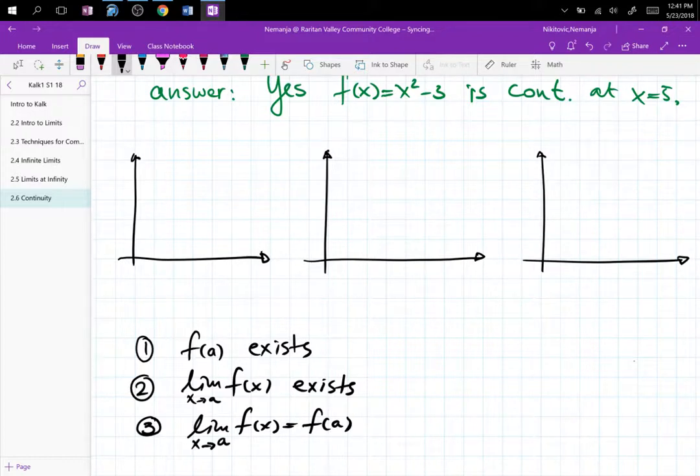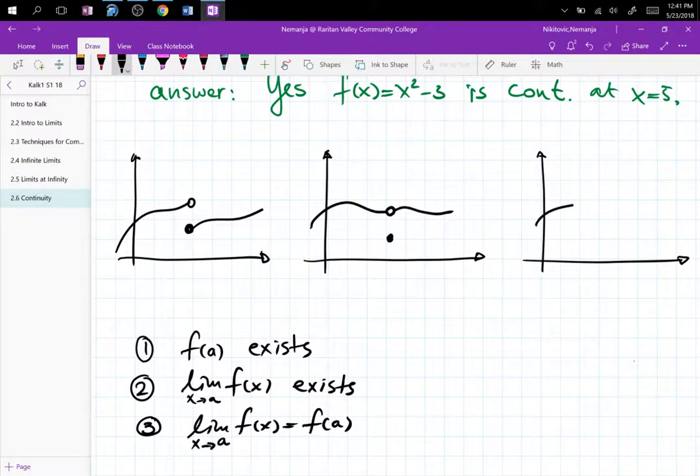So the first graph is this one. The second graph is this one. And the third graph is that one.